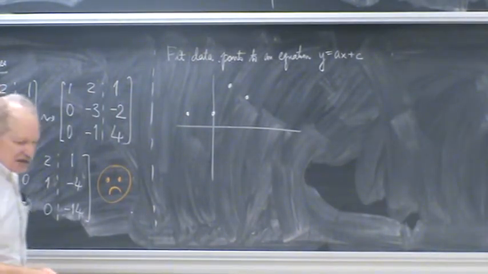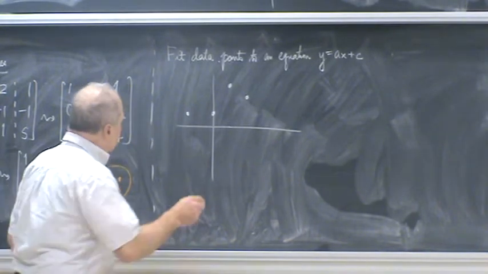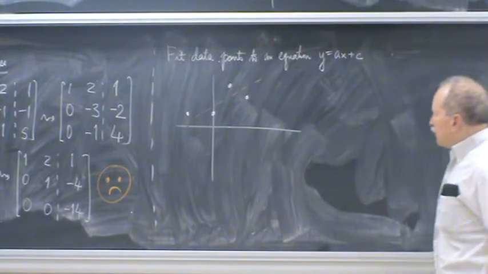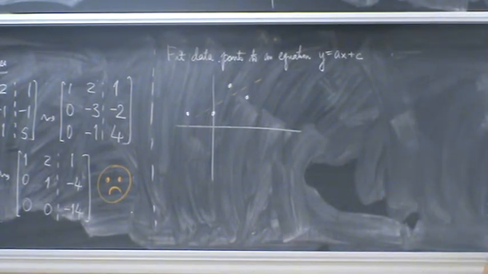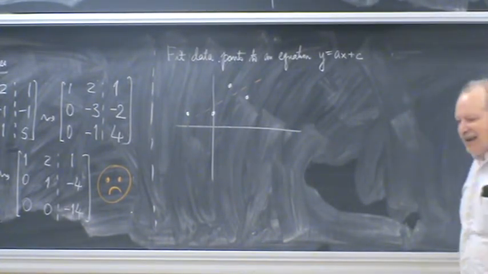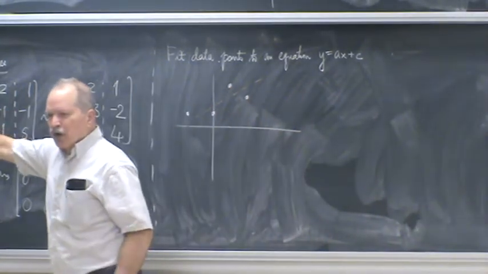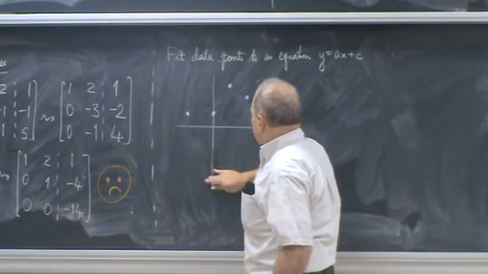So the idea you're trying to do here is you're trying to find some line that is sort of optimal in some sense, but it fits this framework, because if you're trying to fit data points to a line, what are you trying to do?